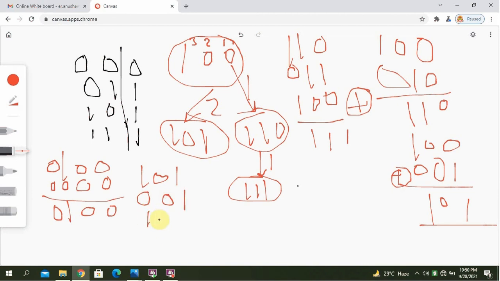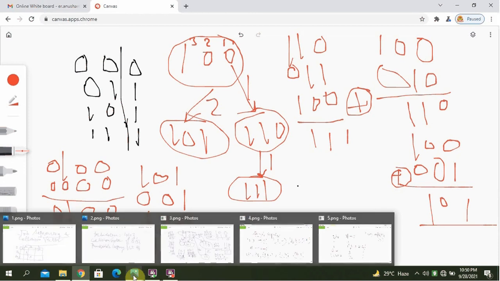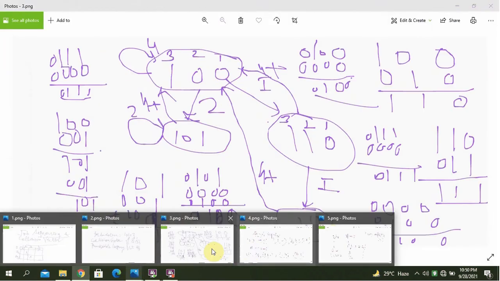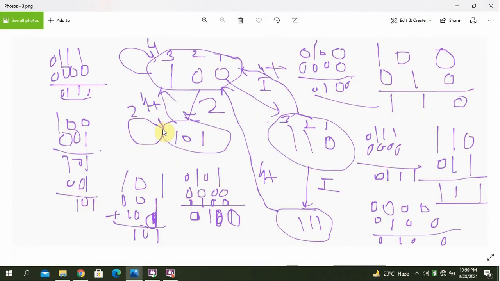Initial state is 1 0 0. Perform bitwise OR operation here, that is 1 0 1. 1 0 1 एंड 4 पे करेंगे, 4 या उससे ग्रेटर, देन हम इनिशियल स्टेट पे ही आ जाएंगे.